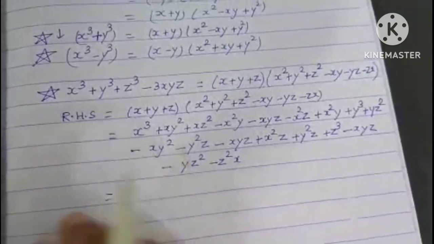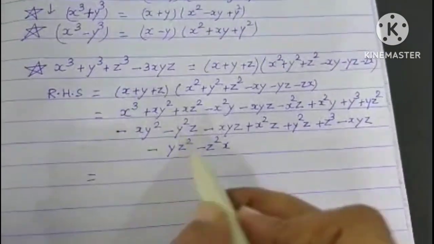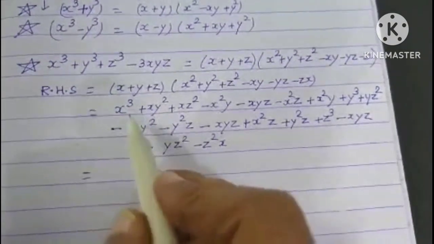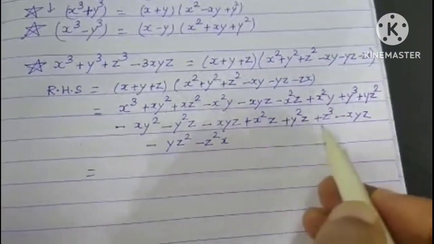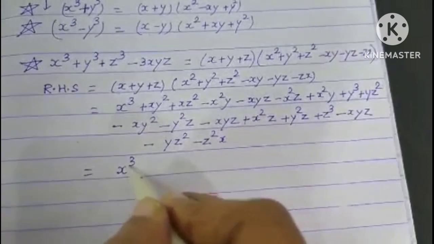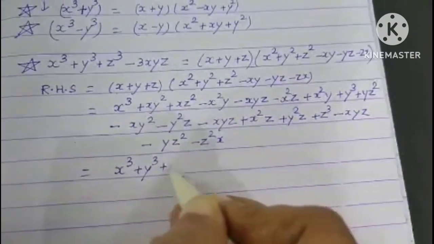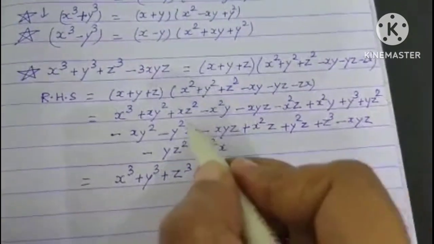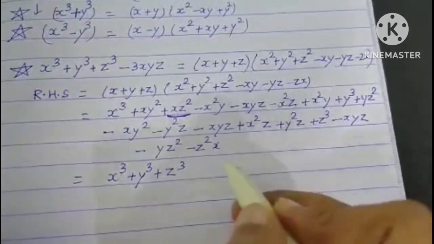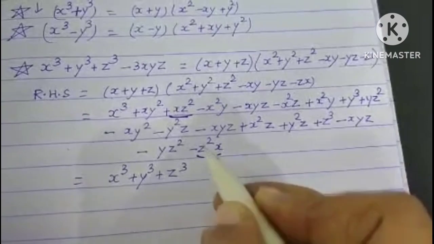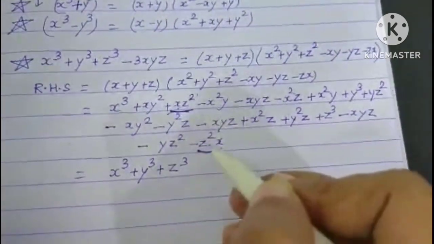Okay, so now let us see how many of these cancel out. This x cube plus y cube plus z cube will remain like this: x cube plus y cube plus z cube. Now this xz square is plus here and xz square is minus here, so you can cancel this out.